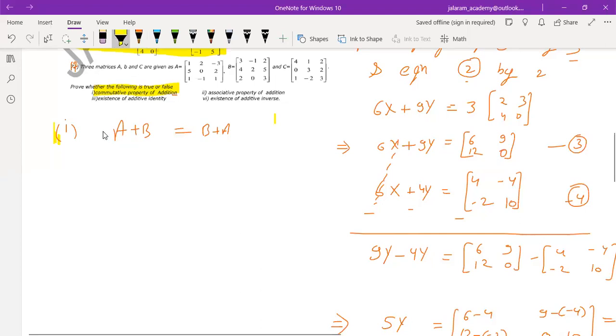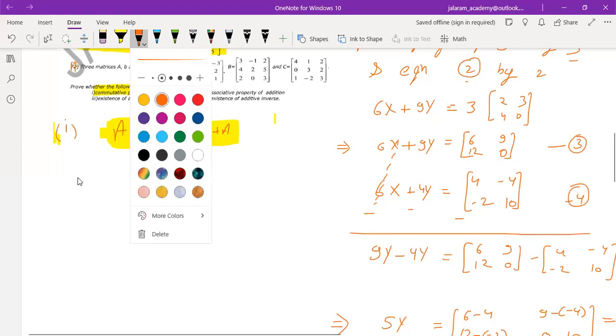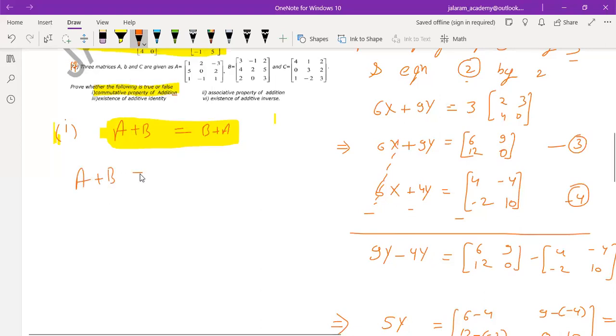In the first property of question number 17, we have to prove that matrix addition is commutative. Means on changing the order, their sum remains the same. So first find A plus B by adding A and B, and then find B plus A by adding B and A and check whether they are equal or not.